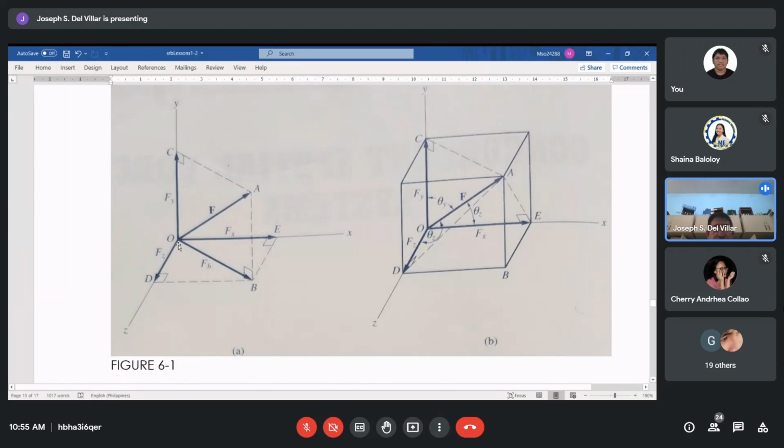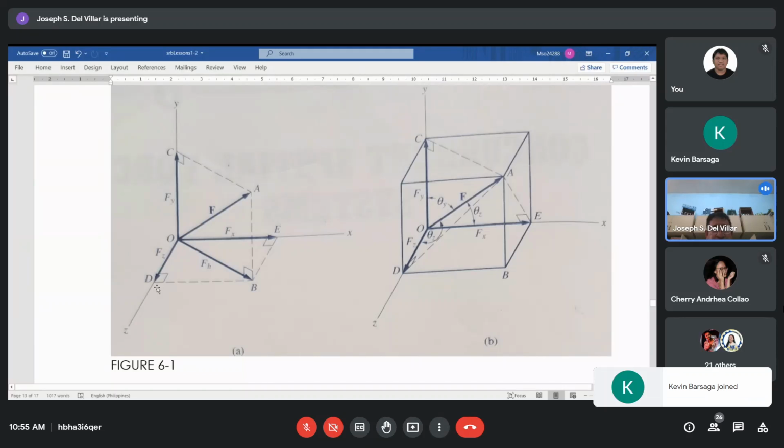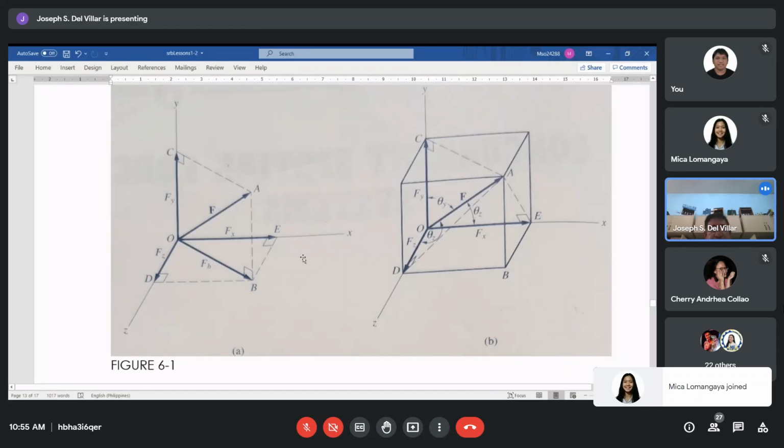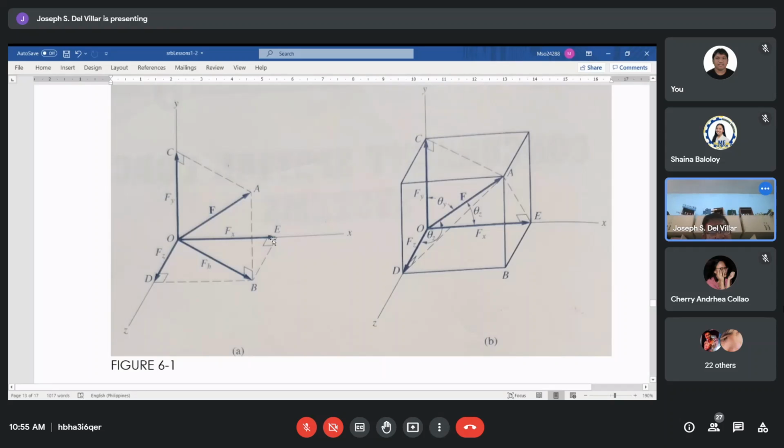From the origin going to the right is the positive x. And from the origin going up is the positive y. And from the origin going towards us, if we are the point of view, that is the positive z. So if you are given these three axes as the orientation, then all of this shows the positive directions.